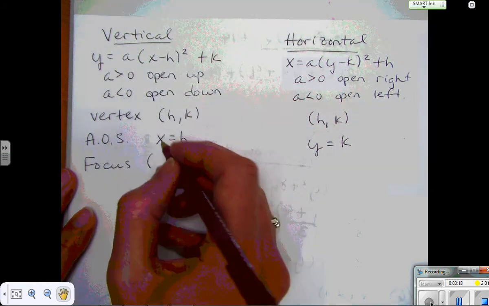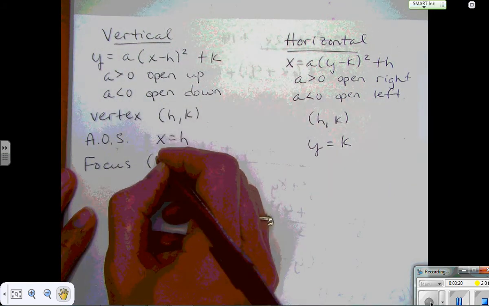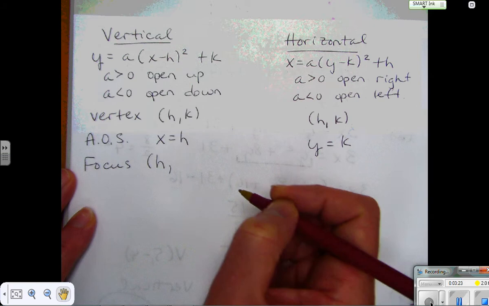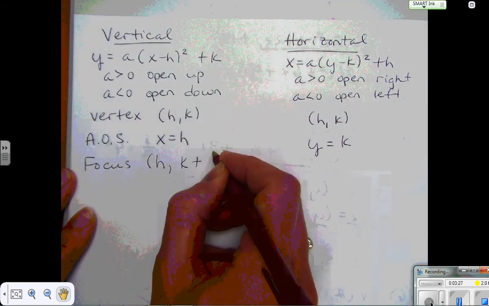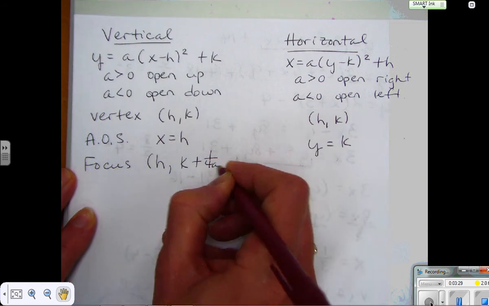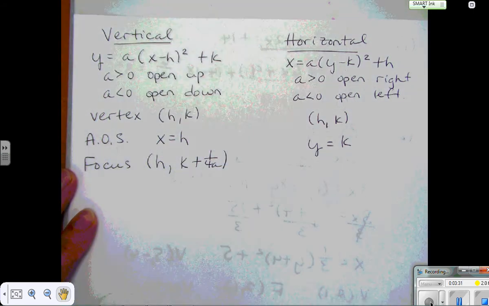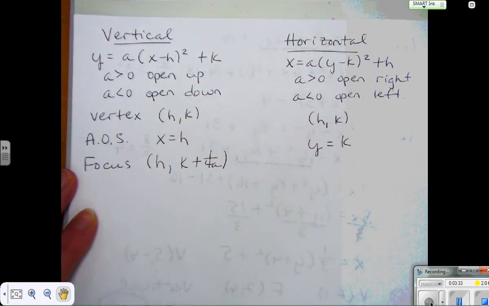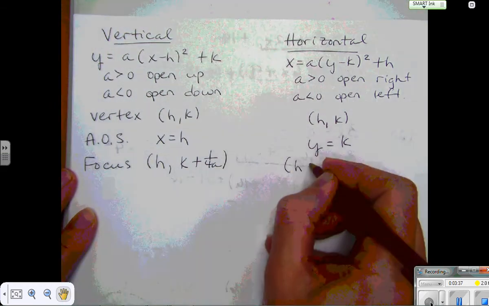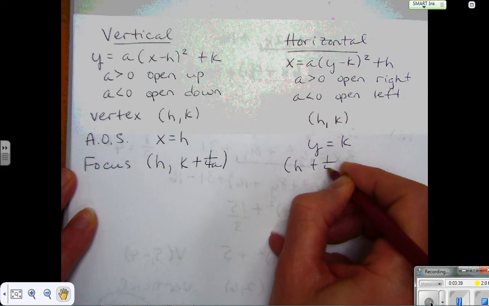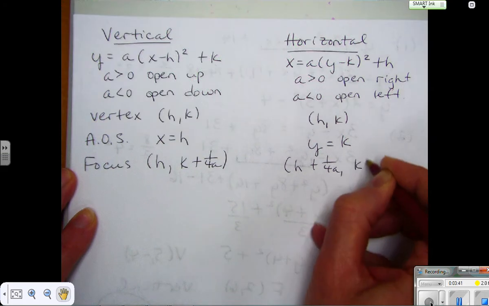When you have a vertical parabola, the focus has an x value of h, and the y value is k plus 1 over 4a. If you have a horizontal parabola, it's h plus 1 over 4a, and whatever your k value is.